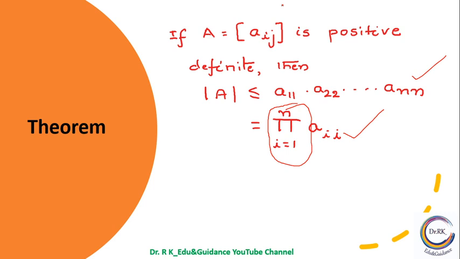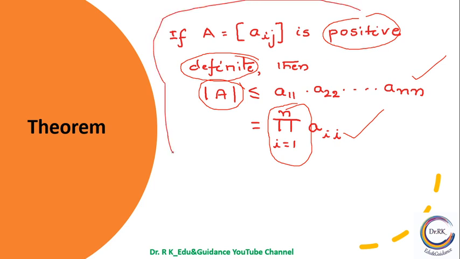Before going further, here it is given as positive definite, right? And whatever we are going to prove is related to determinants. Then immediately we have to recall the earlier discussion: whenever the matrix is positive definite, its principal determinants are always positive.